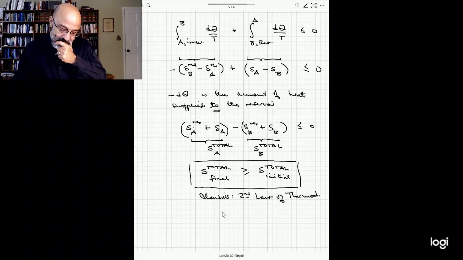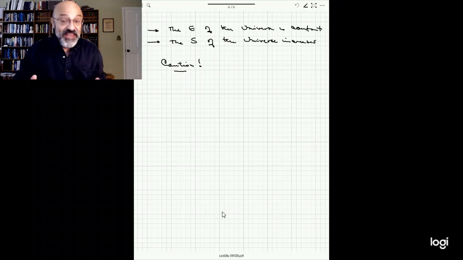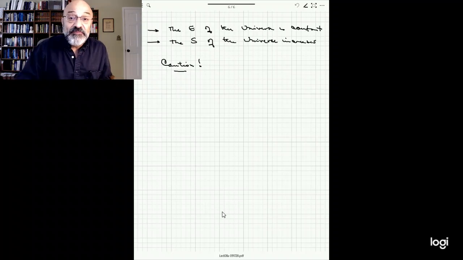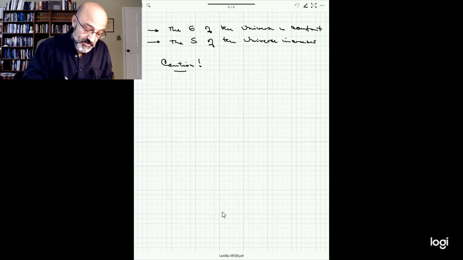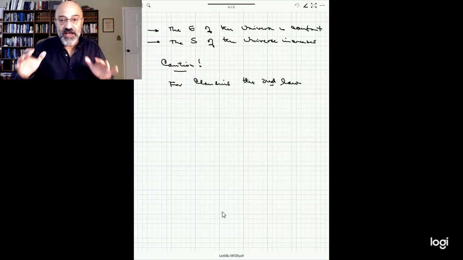Okay, let me see. Clausius. Yes, Clausius did another thing that was very important at the time. He started attempting to explain the second law of thermodynamics from mechanics. So for Clausius, the second law was an absolute law.